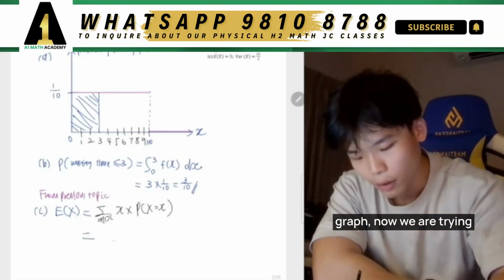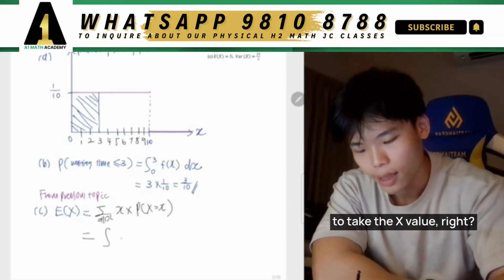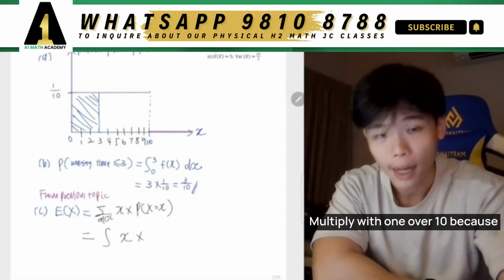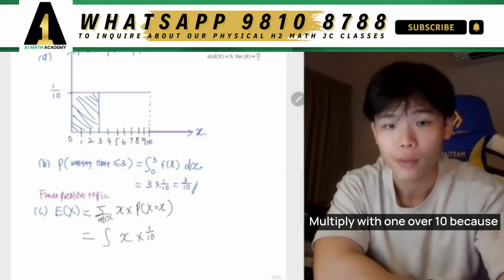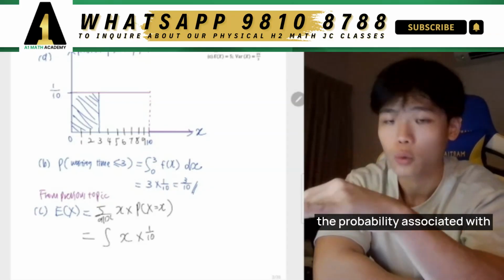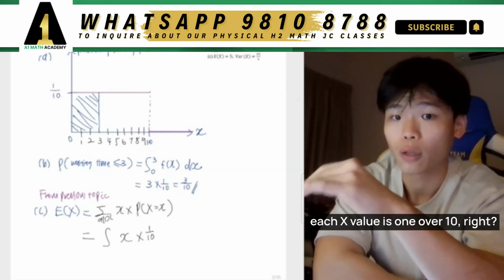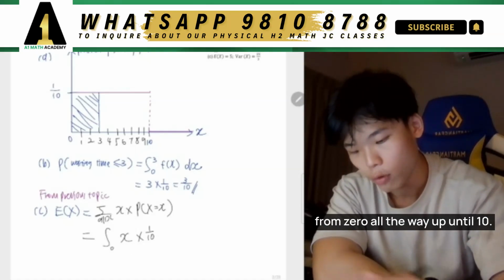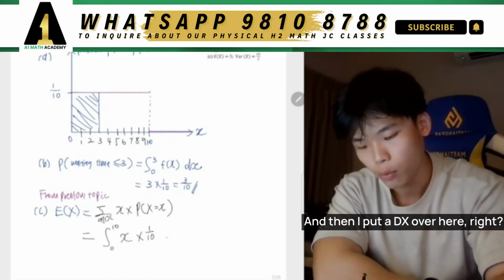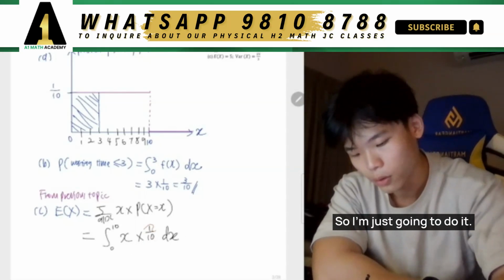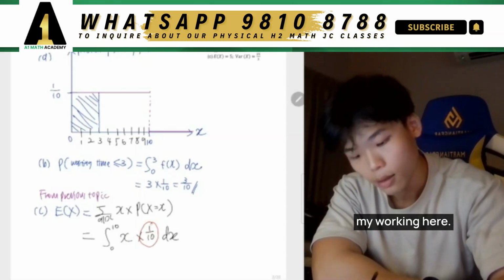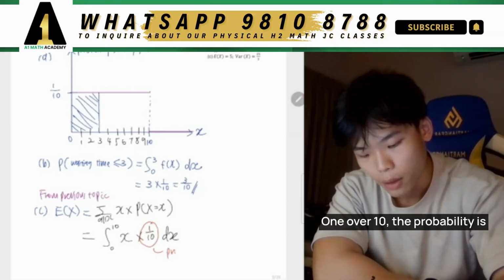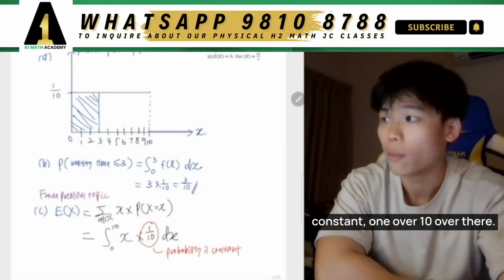So in the context of a graph, now we are trying to take the x value, right? Multiply with 1 over 10, because the probability associated with each x value is 1 over 10, right? And this x value over here ranges from 0 all the way up until 10. And then I'll put a dx over here, right? I'm just going to annotate my working here. 1 over 10: the probability is constant, 1 over 10 over there.